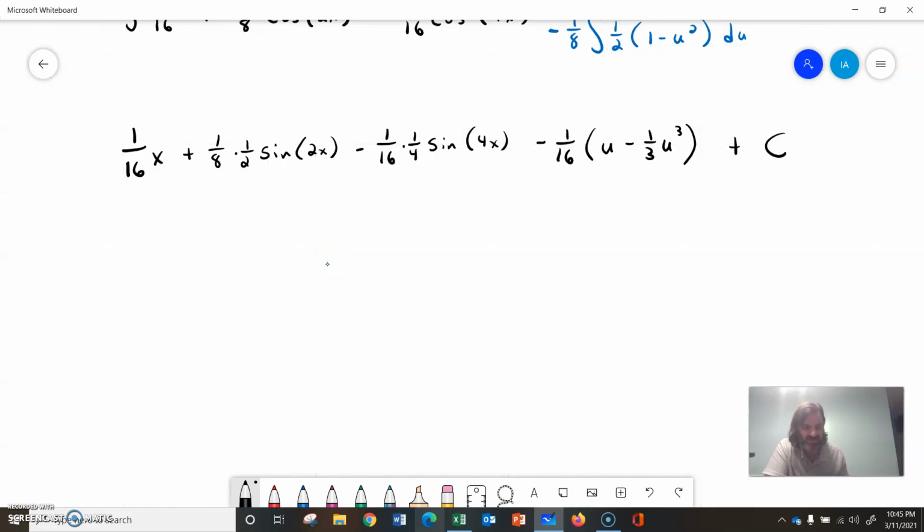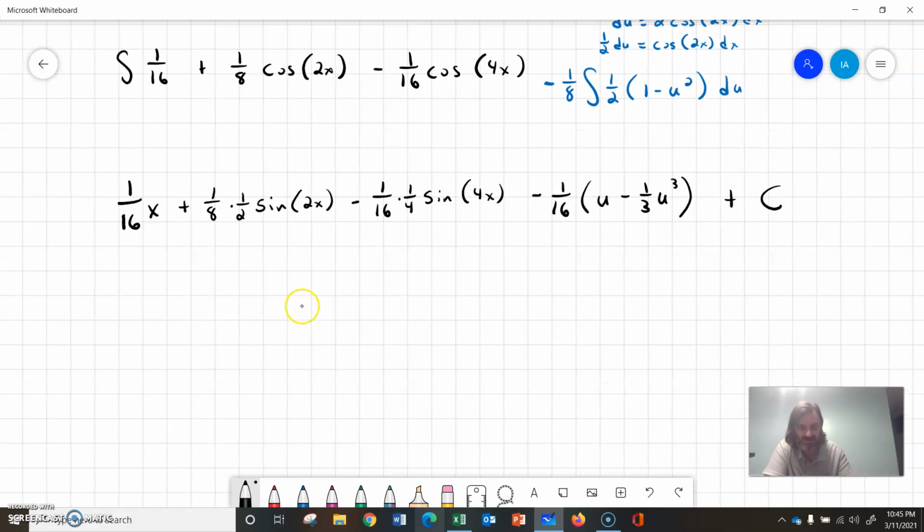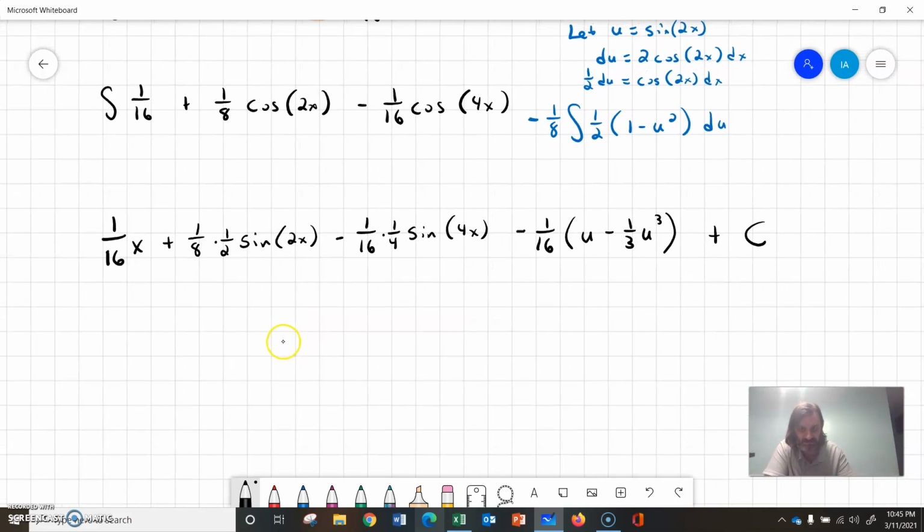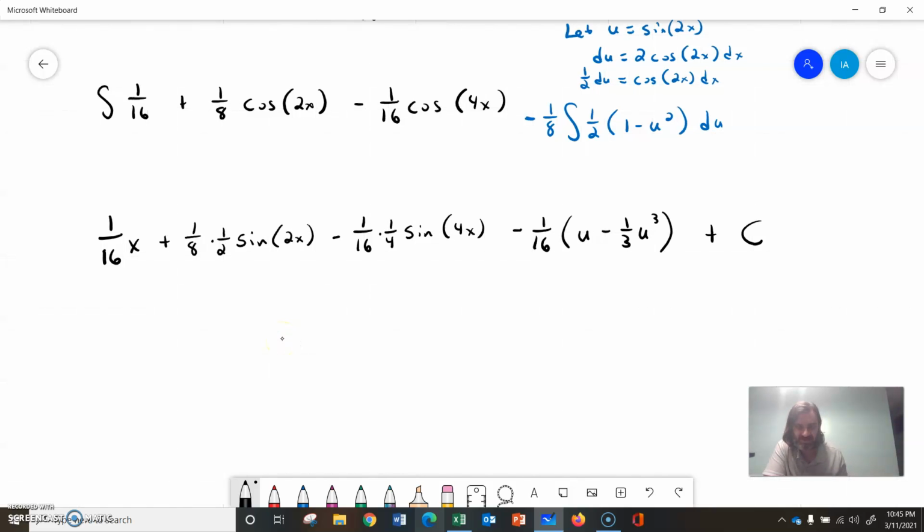So let's clean this up and rewrite it. I don't want to forget what my u was. Okay. So I don't know if there's going to be anything that combines here because all these things are very different. But let's see here. I've got 1/16 x plus 1/16 sine of 2x minus 1/64 sine of 4x.